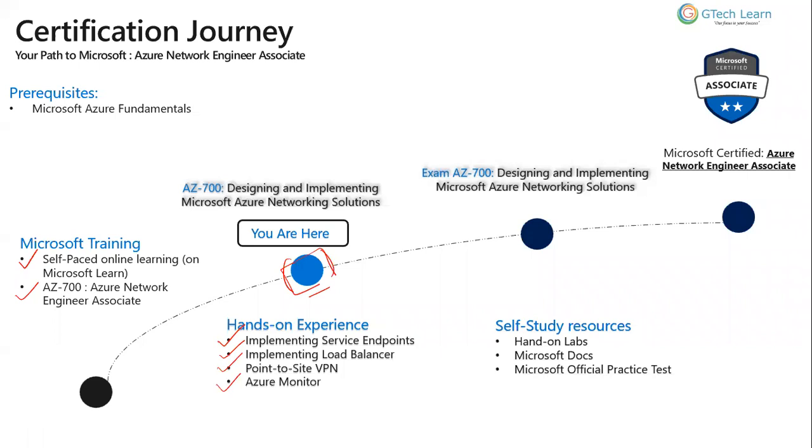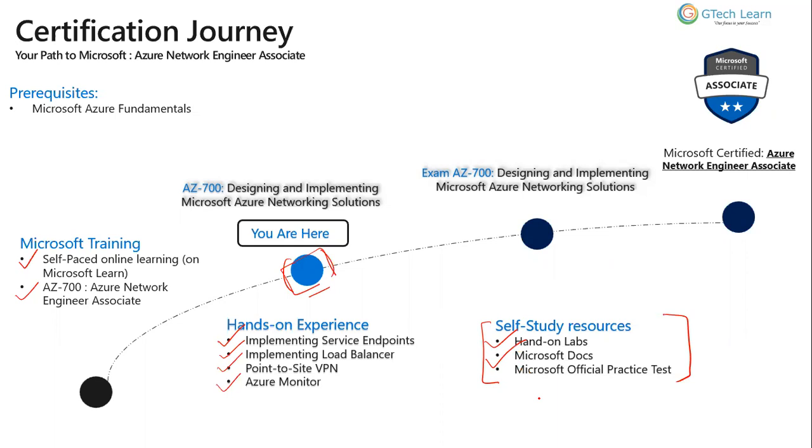Once you are done with the learning, you can have access to the self-study resources by gaining hands-on lab experience by creating the subscription. You can refer to different Microsoft talks related to the topics that are necessary for the AZ-700 examination.